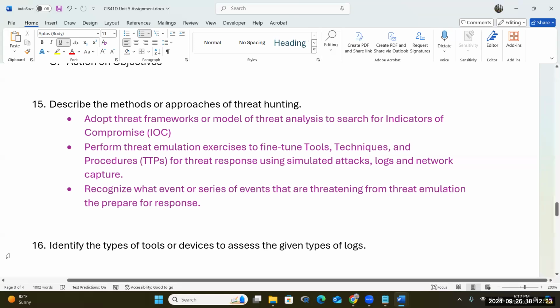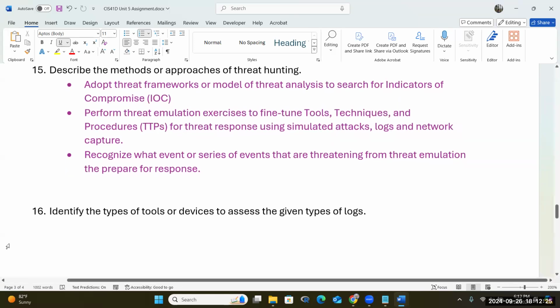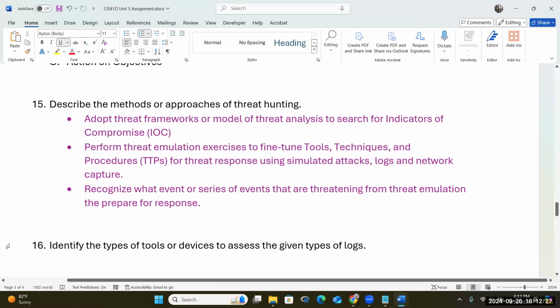And then we would need to be able to recognize the events that are threatening. And that will come back to threat intelligence, right? And threat emulation. So we would have better preparation. And in the industry, you often hear the term, it's a matter of when it's going to happen, and not a matter of if it's going to happen.